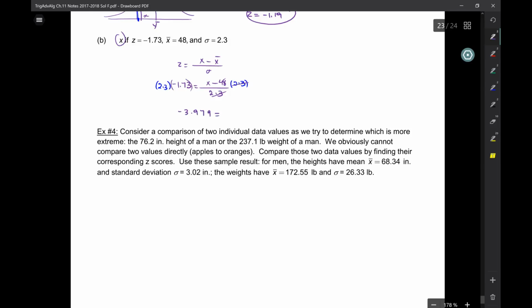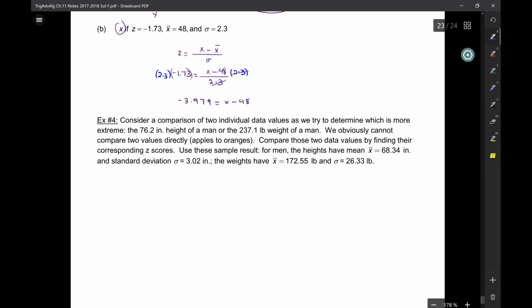Let's keep all the values. So then we add 48. And x is positive 44.021.